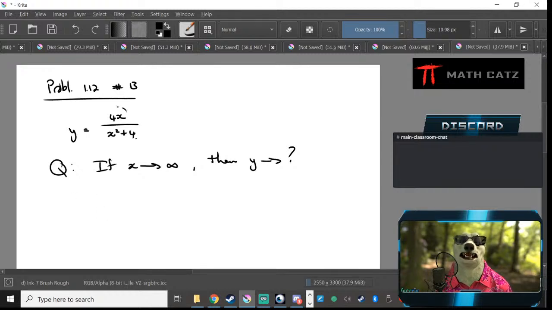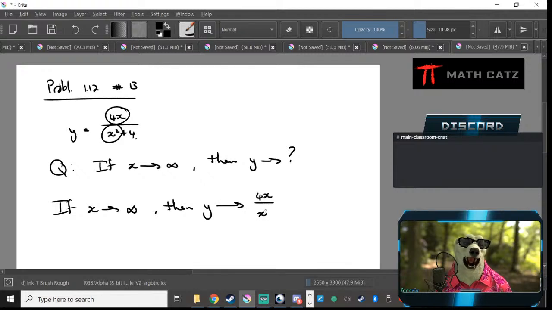I simply look at the ratio of leading terms. I can write it even shorter. If x approaches infinity, that was an ugly infinity, I apologize. Let's make it nice and balanced. Then y behaves like the ratio of leading terms.